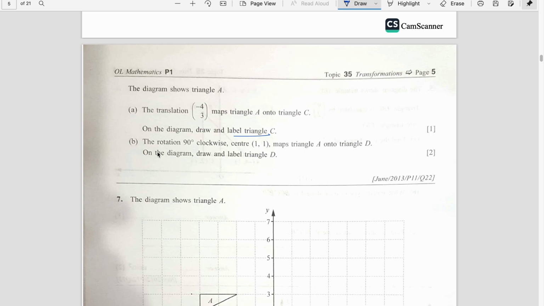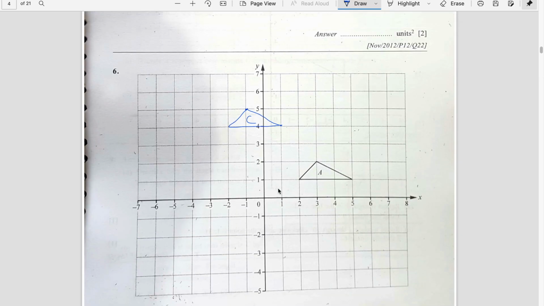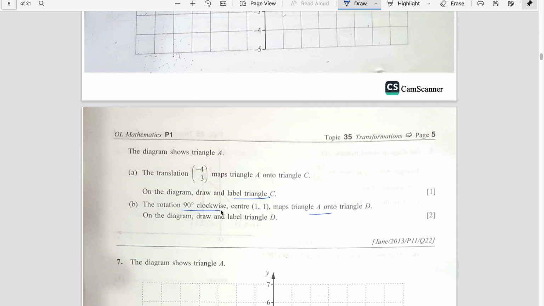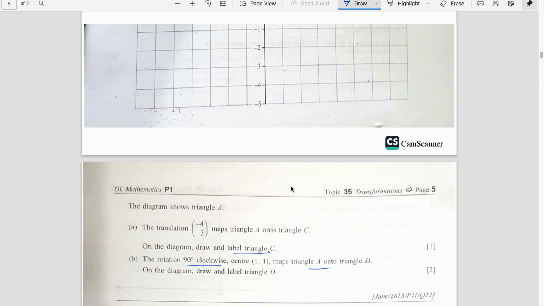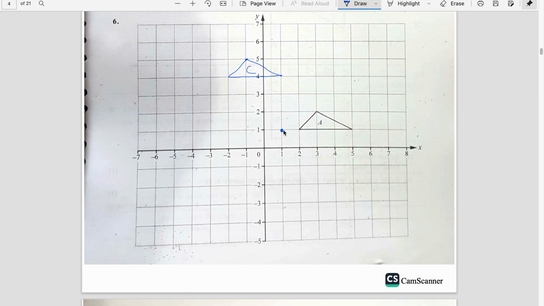B says the rotation is 90 degrees clockwise about 1, 1. So this is 1, 1, which is 90 degrees clockwise, and we have to draw triangle D. So for 90 degrees clockwise, consider that you've connected it. When it moves 90 degrees clockwise, the point lands here.